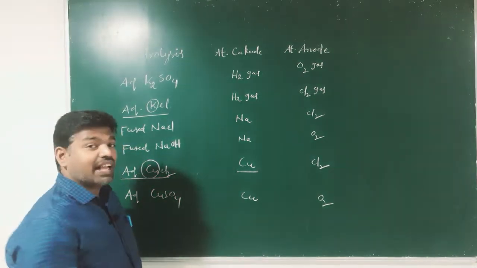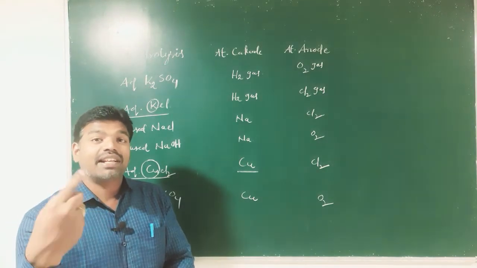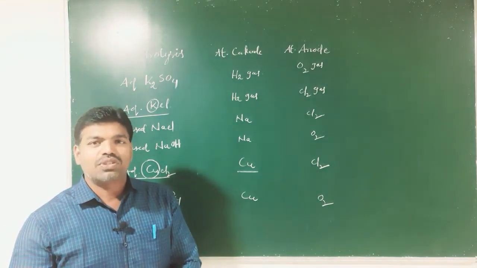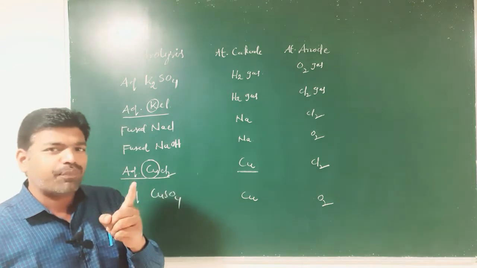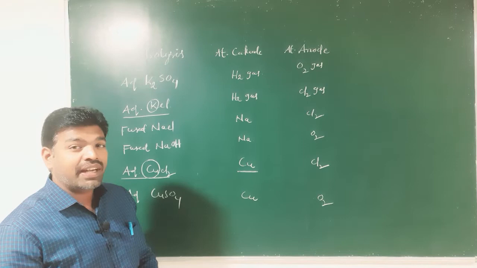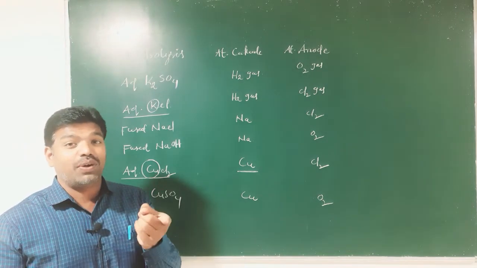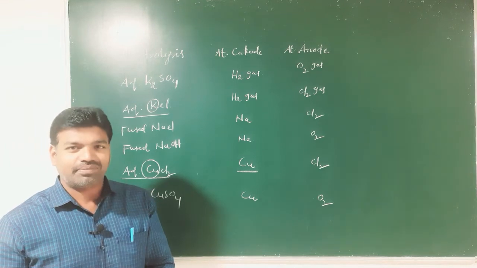I shall explain the electrochemical series in the later classes, right. So you should keep one point in your mind. What is that point? If metal is more reactive than hydrogen, then hydrogen gas is liberated.